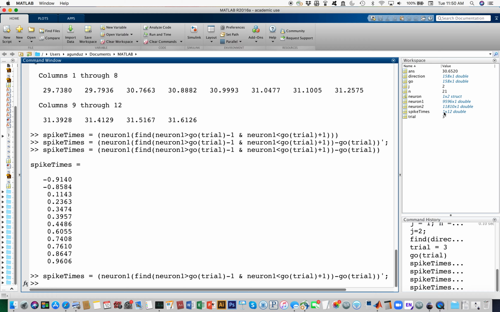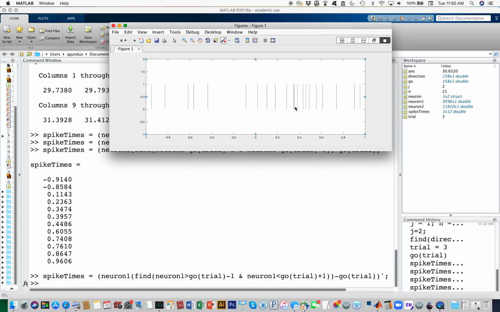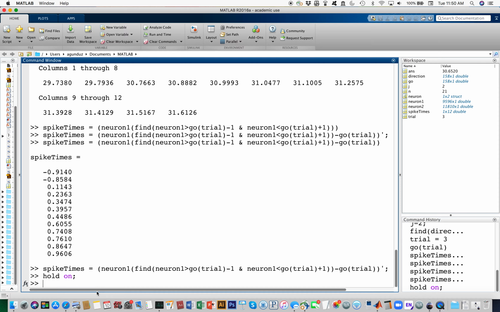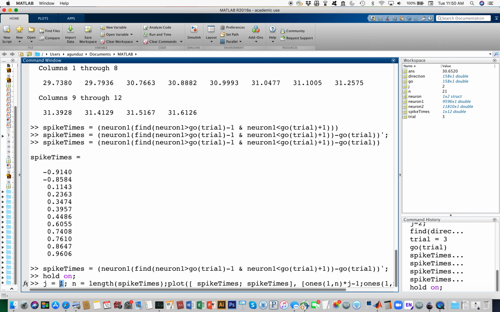Now spike times is a row vector, and it only spiked 12 times this time. So how do I plot this, not on top of this, but on the row above? First of all, I need to make sure I don't lose that plot, so I type hold on. Like I said, j needs to be 2 now.